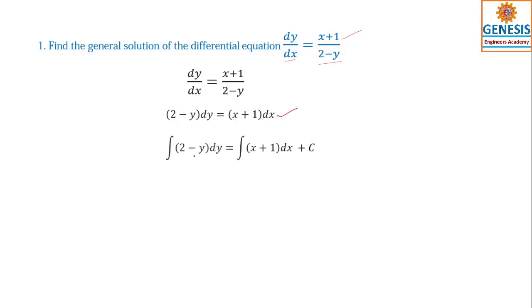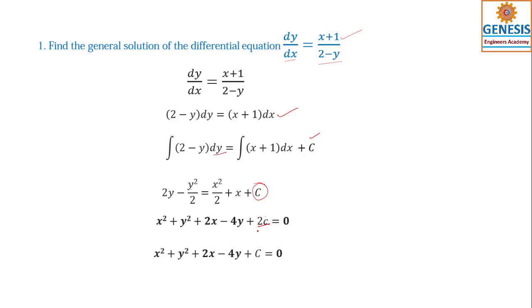The integral of 2 with respect to y is 2y, and of y is y square by 2. So this is the general solution, with a constant. Here I am using 2c, and if you replace 2c by c, we get the general solution.